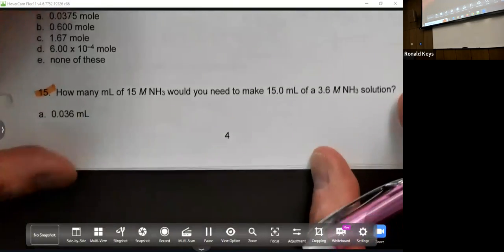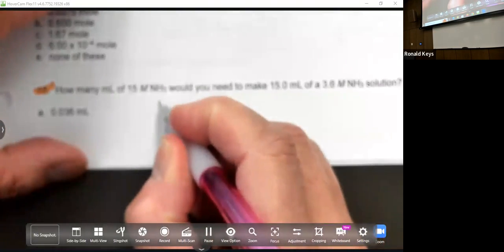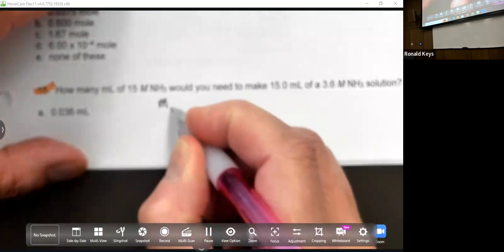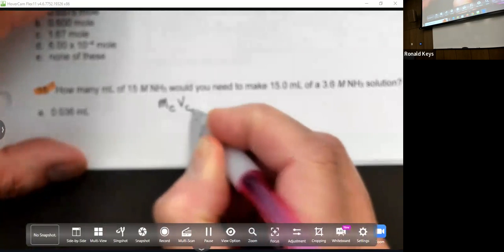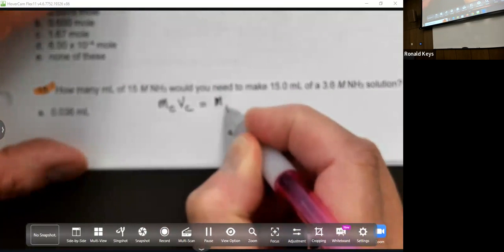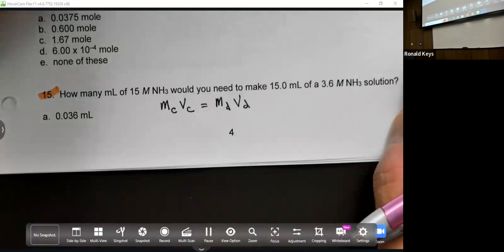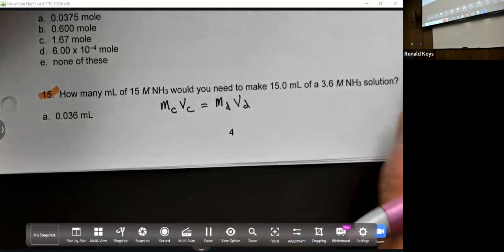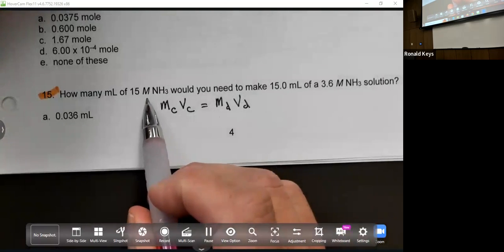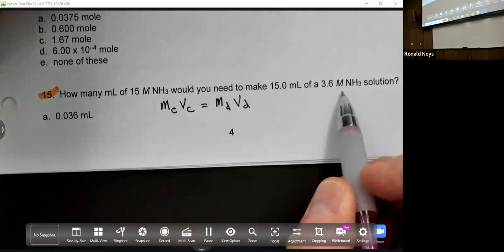In problem 15, this is just a dilution. Molarity of the concentrated times volume of the concentrated equals molarity of the dilute times volume of the dilute. It's just a dilution problem. So obviously 15 molarity here is a lot more concentrated than 3.6.